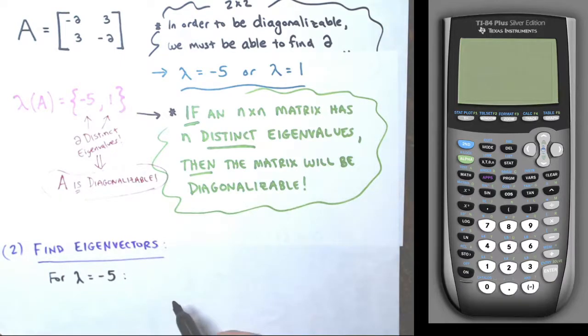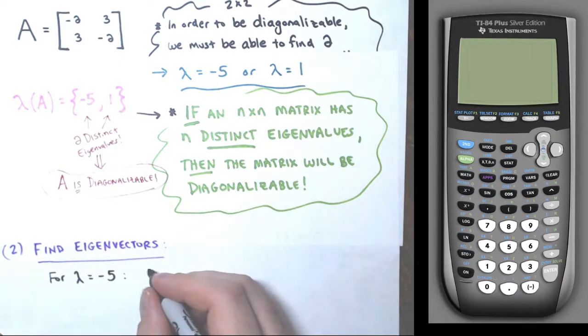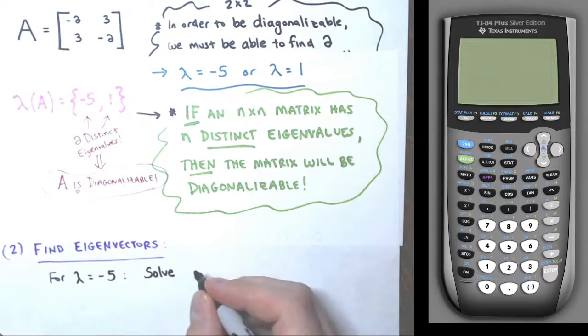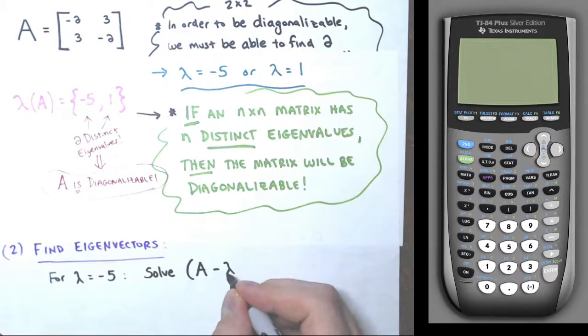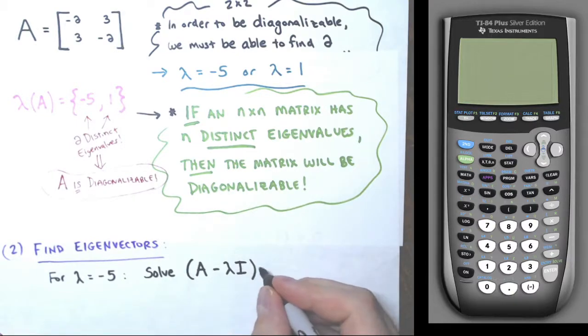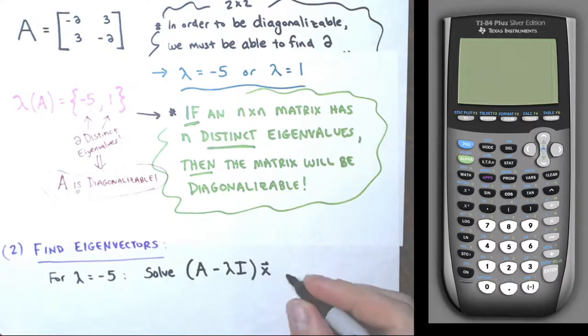Right. So remember how to find these. We're solving this equation, A minus lambda I times some vector x. And these vectors that solve the equation will be the eigenvectors, except for the 0 vector, of course. That's always a solution. When is this equal to the 0 vector?